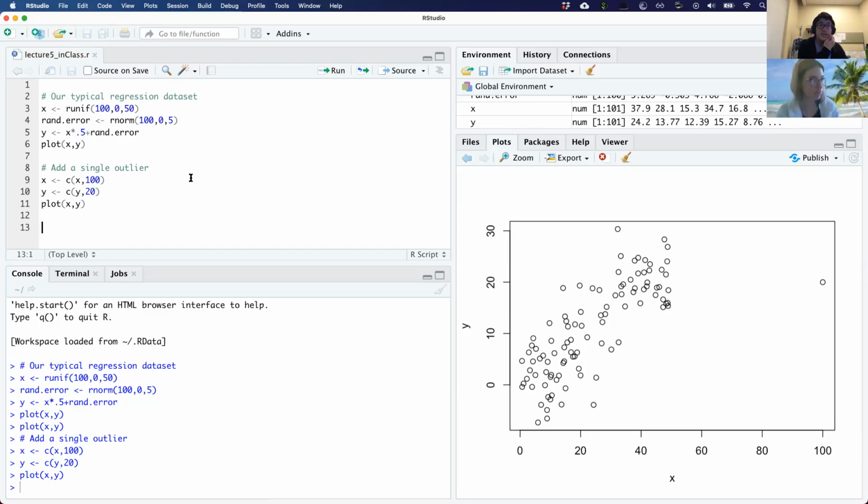Okay, and so let's see how this influences, no pun intended, the model.